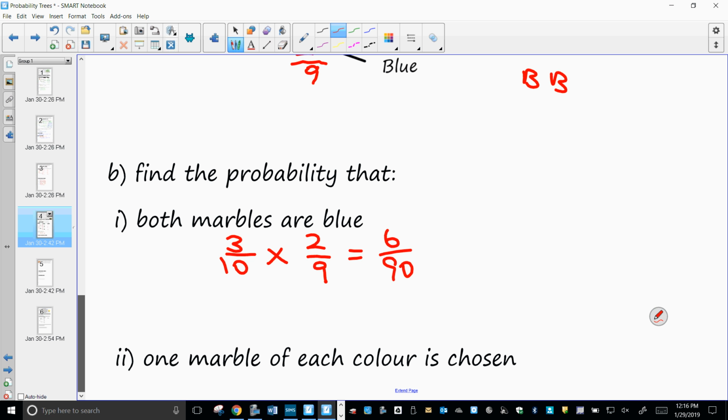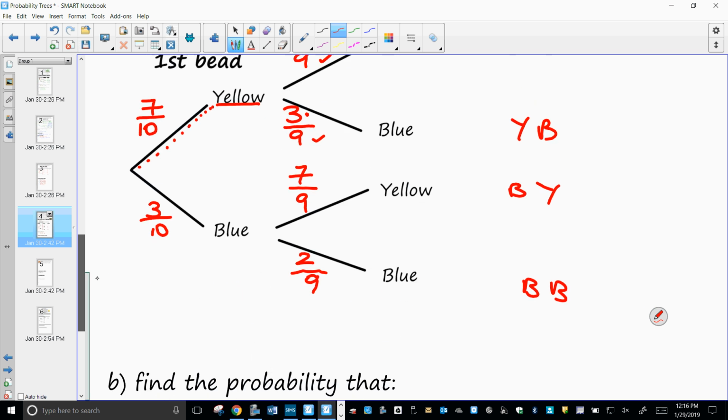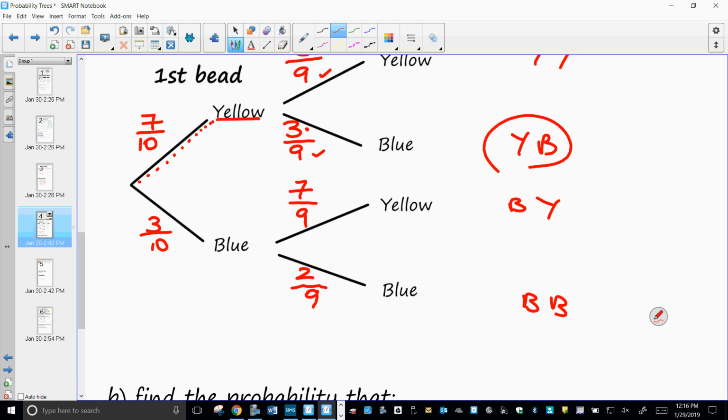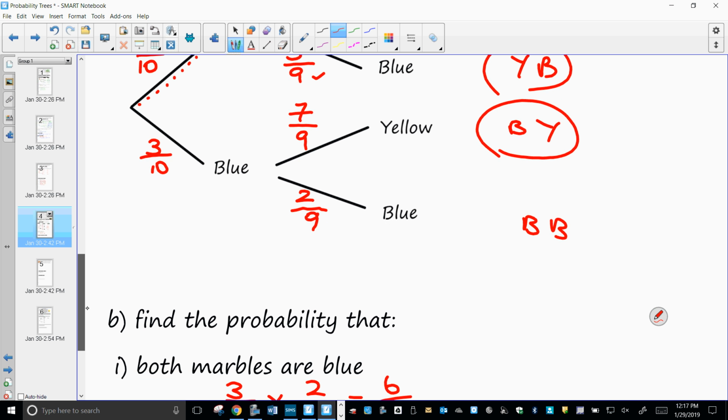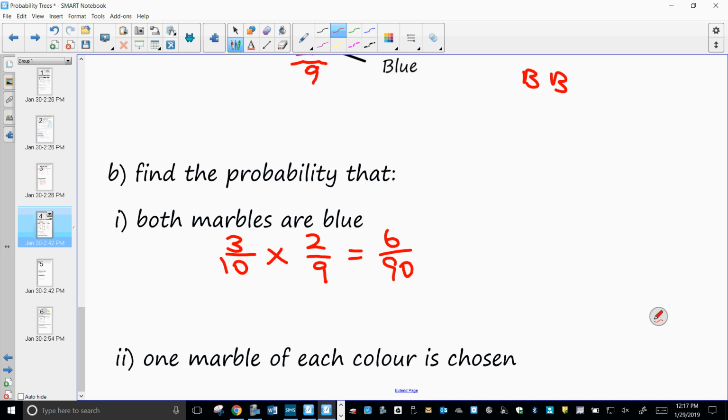Now, 1 marble of each colour. So we're talking about either of these 2 options. Because it's that option or the second or the third option, we're going to find those probabilities and then add them. So the first probability would be 7 over 10 multiplied by 3 over 9.